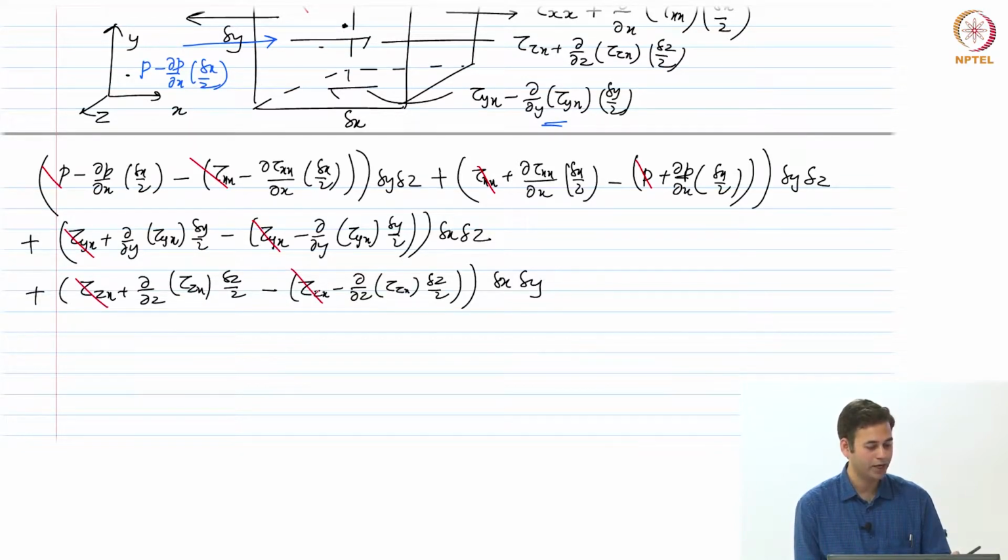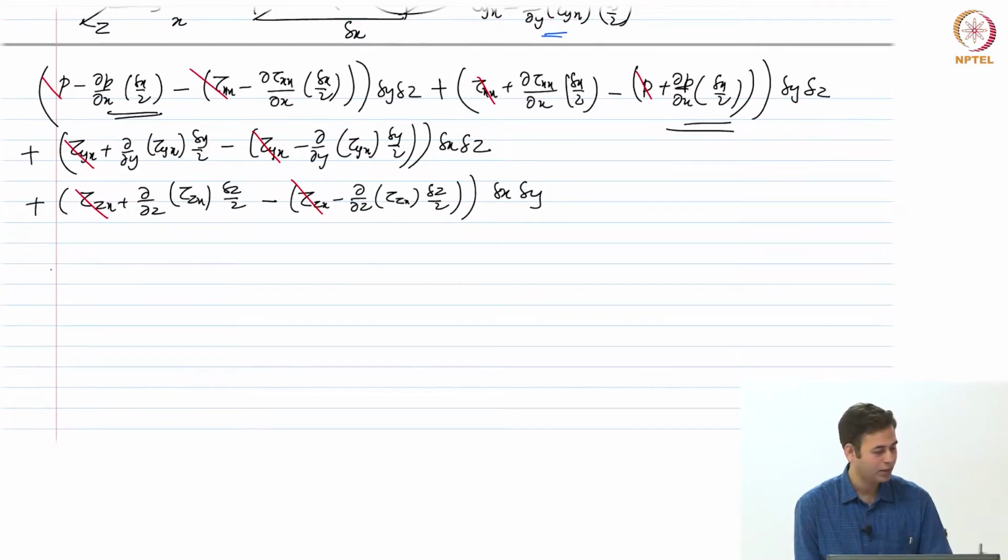So, we have two halves of partial p partial x terms here and here, they sum up to 1, and similarly all other terms also come in pairs, and they all sum up to 1. So, what we have as a result is minus partial p partial x, multiplied by delta x delta y delta z, which I am not writing at the moment.